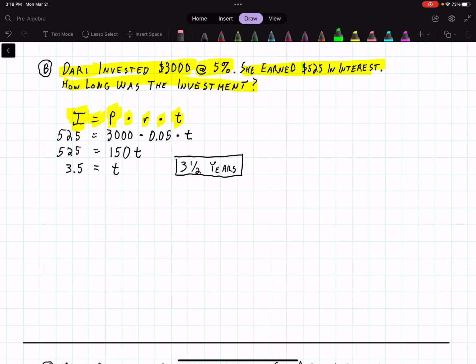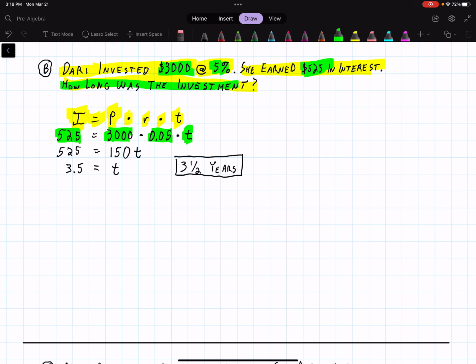This time we see that the interest earned was $525. We know that the principal was $3,000, and we know that we had a 5% rate, which is 0.05. What we don't know is how long the investment was. So our variable is the T here.